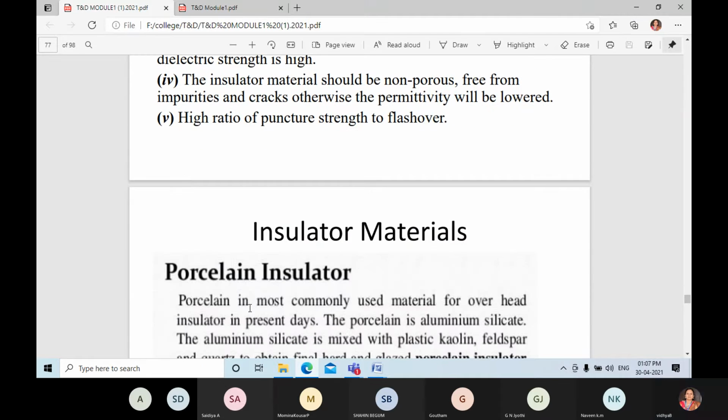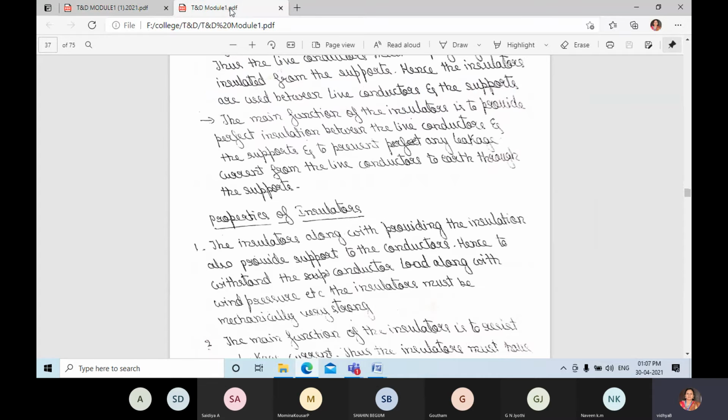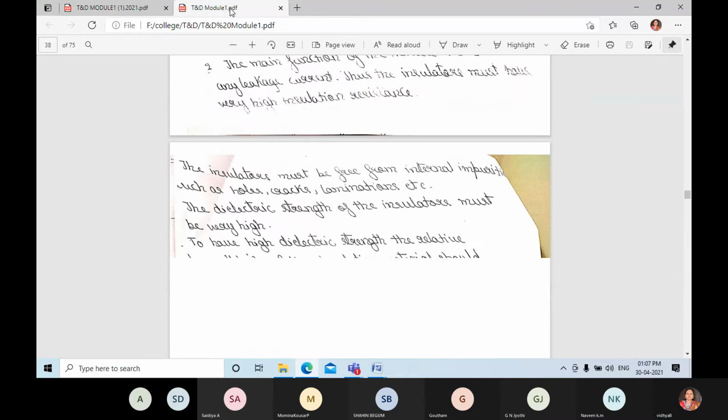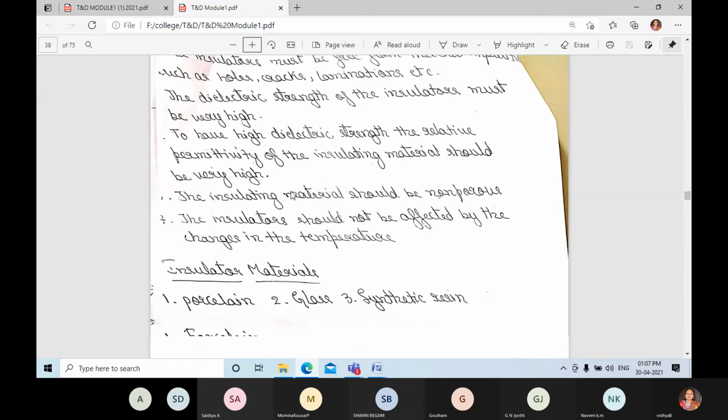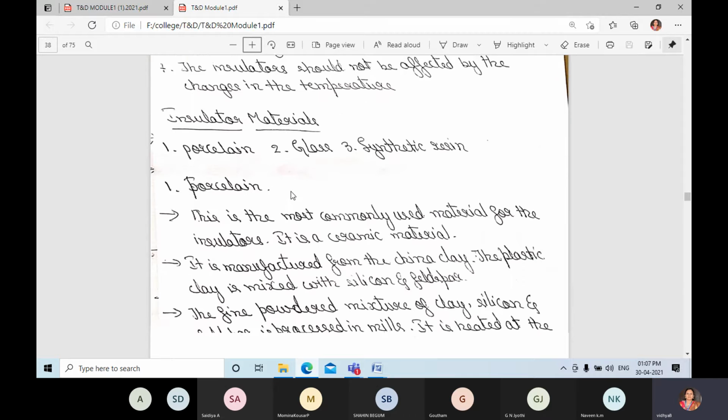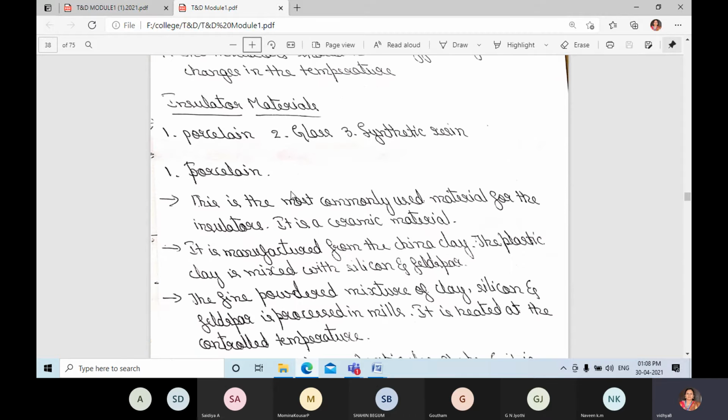Next is insulator materials. What are the insulator materials we use here? First is porcelain. Porcelain is the most commonly used material for insulators, and it is a ceramic material.